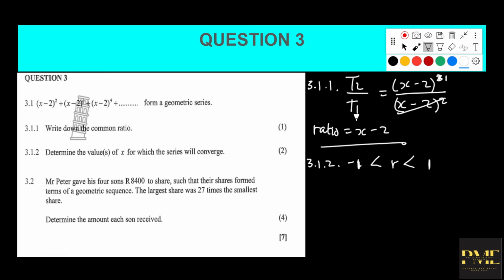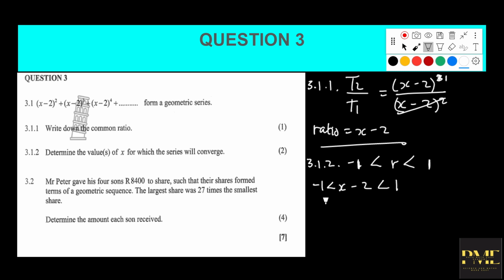We know our ratio has the value x minus 2, so we can plug in x minus 2 for r, and then get our x for when the series converges. So -1 is less than x minus 2, which is less than 1. I hope you can recall from grade 10 that the 2 is transposed to the other side, and it changes sign on each side.